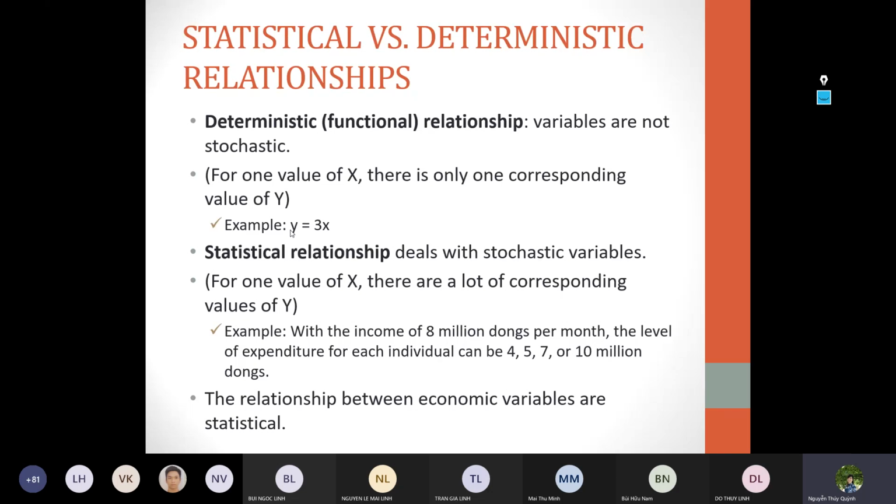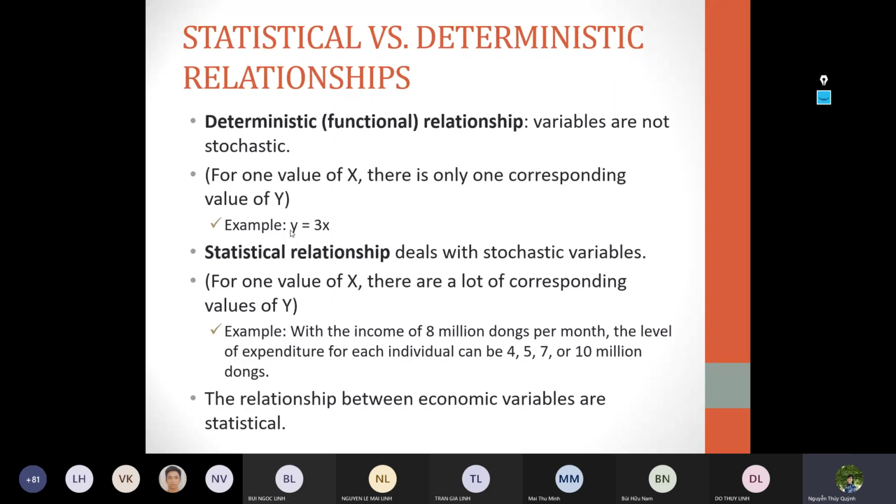With one level of income, for example 8 million dong per month, the expenditure of each individual is different. Some may spend 4 million dong per month, some may spend 5 or 7 million, and some people even spend 10 million or more a month. So for one level of income, different individuals may have different levels of consumption.